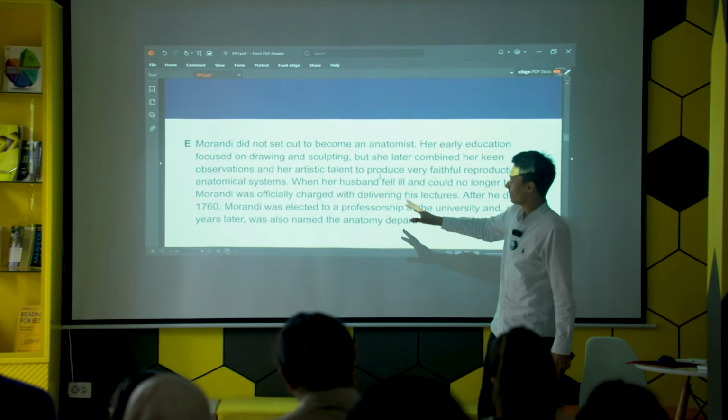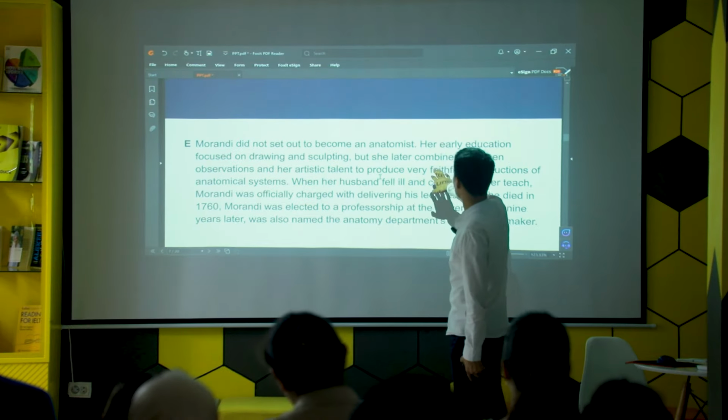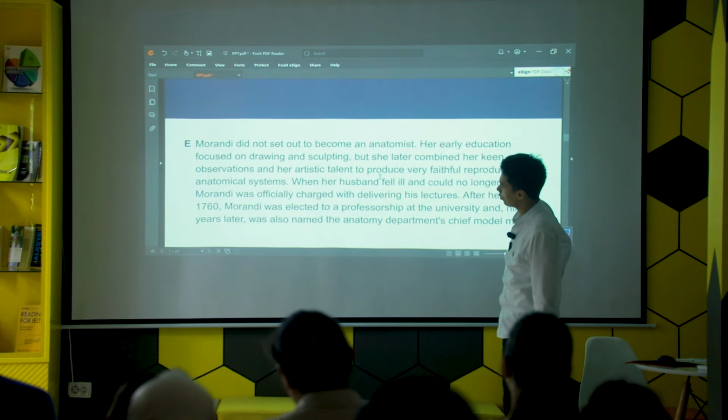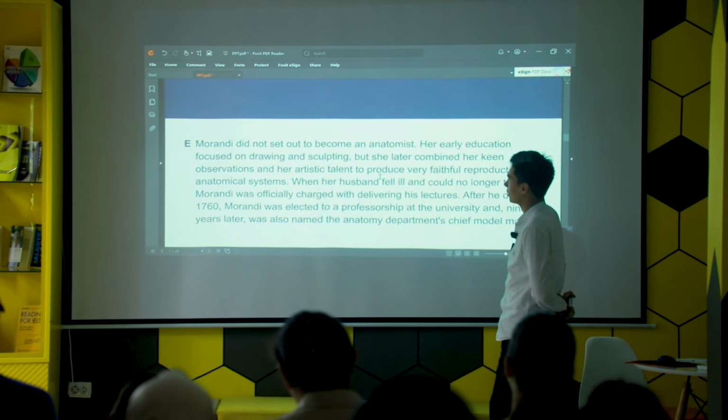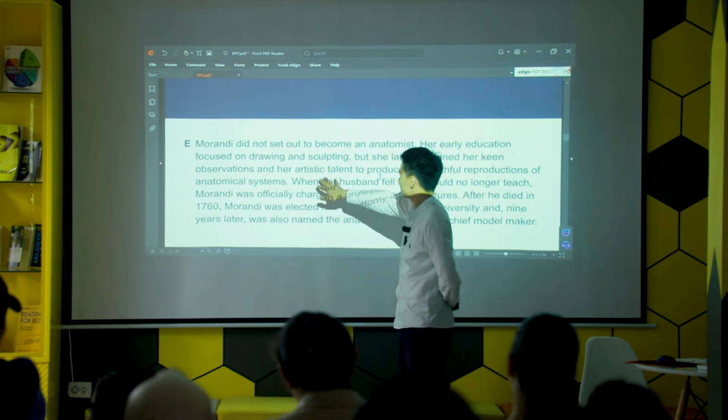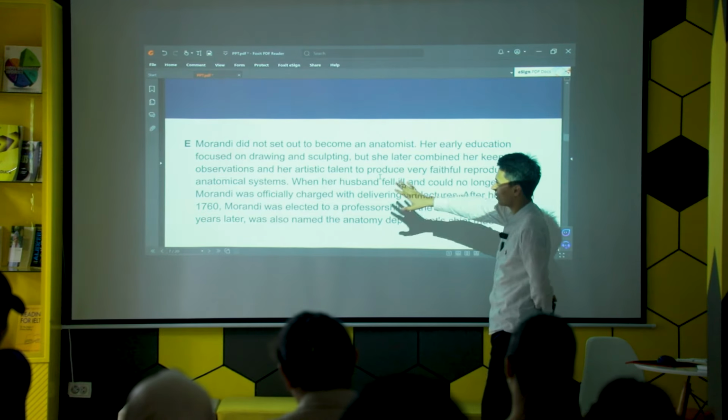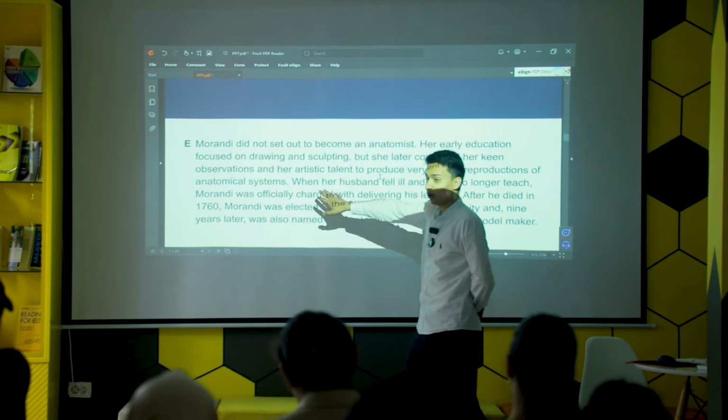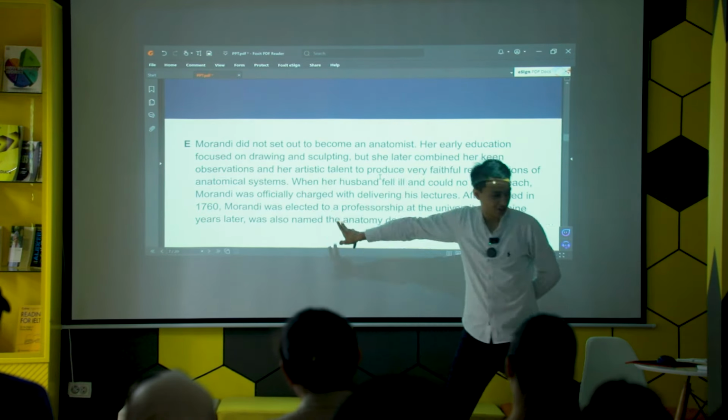Morandi did not set out to become an anatomist. Her early education focused on drawing and sculpting, but she later combined her keen observations and her artistic talent to produce very faithful reproductions of anatomical systems. Oh, look at this. Oh, look at that.